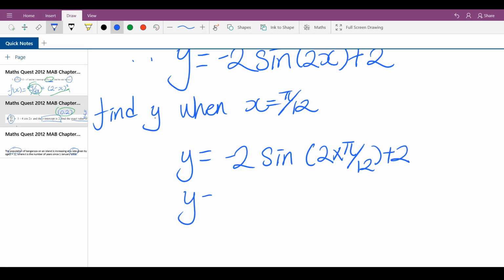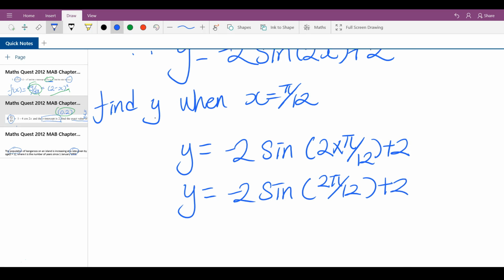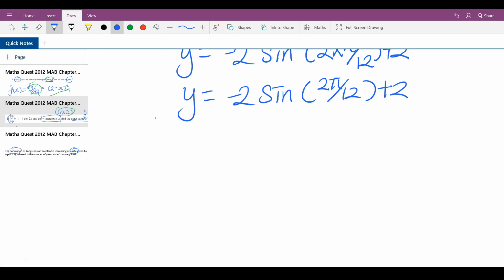Then you can simplify the 2 pi over 12 to get pi over 6, plus 2.